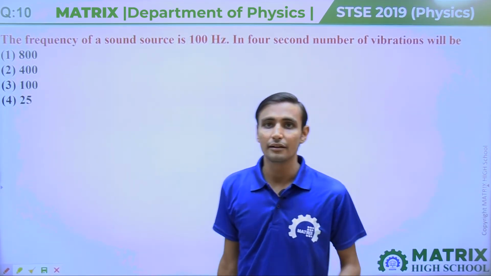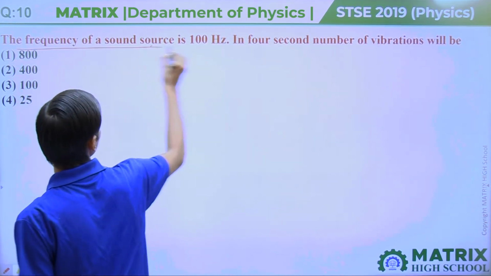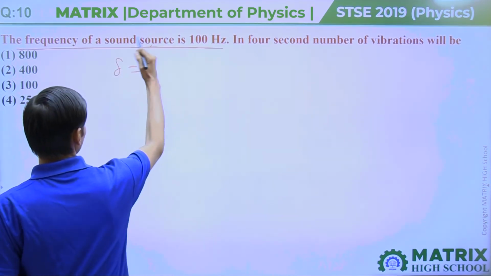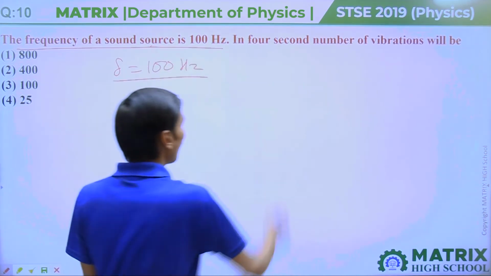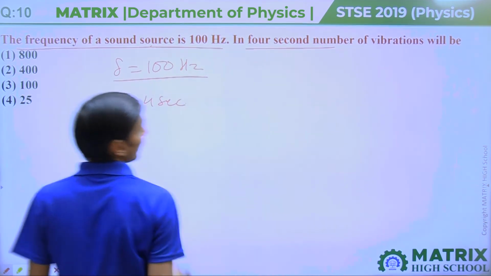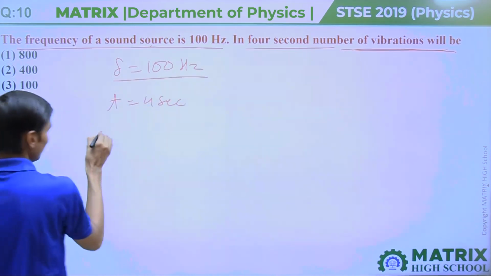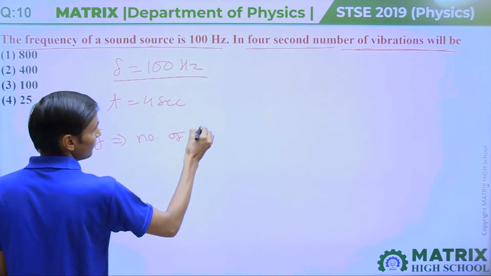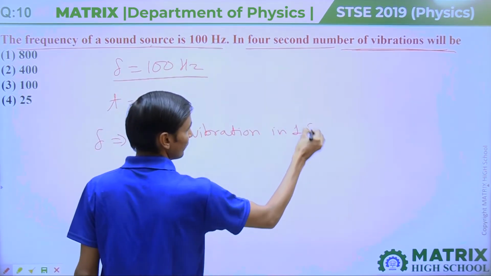Next, question number 10. In this question, the frequency of a sound source is 100 Hz, and the time given is 4 seconds. Then the number of vibrations in these 4 seconds will be... We know that frequency means the number of vibrations in 1 second.